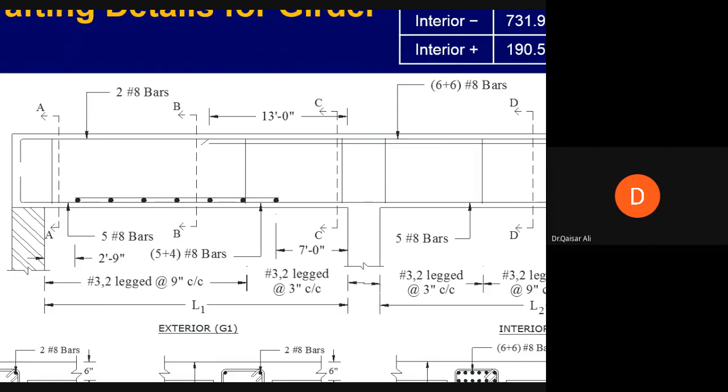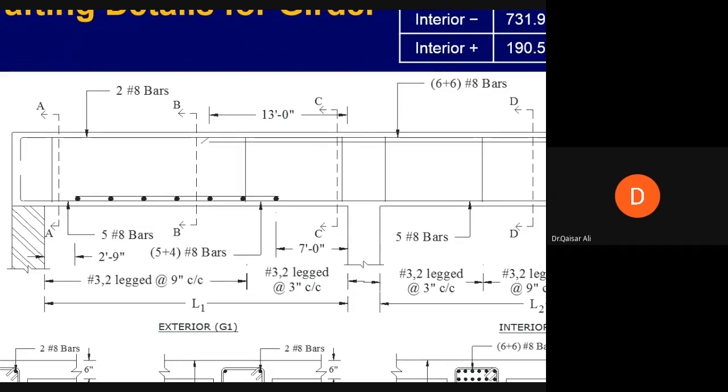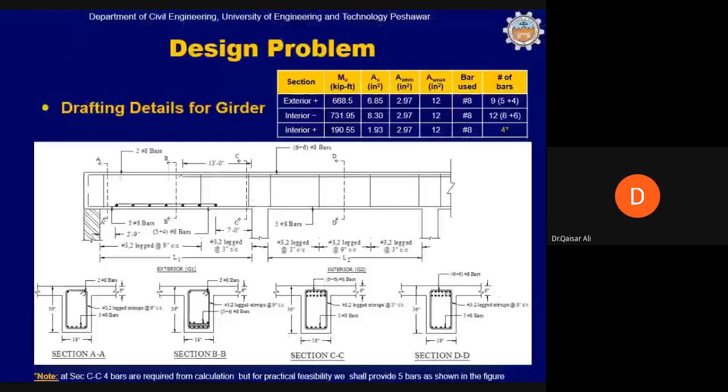This exact location can be calculated from the equation of the bending moment diagram, which can be expressed in terms of x, and then these locations can be exactly calculated where this curtailment is required. Again, if I had to design this girder in my design office, I would have never curtailed at this location.